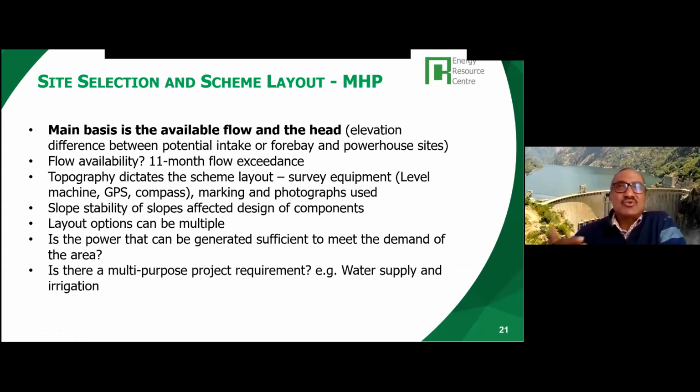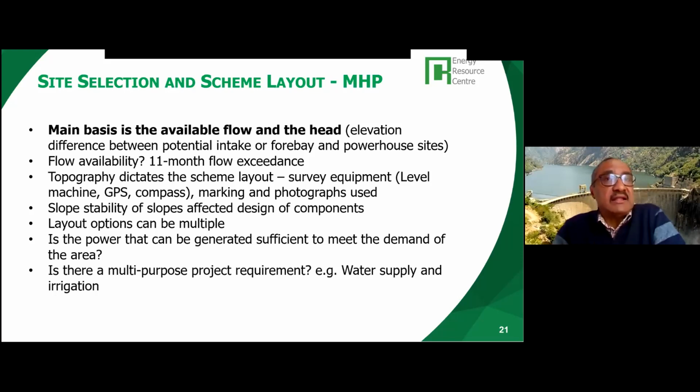Maybe in 1 month you can have some deficit in the flows, especially if it is a standalone isolated system. So at least 11 months of the time, the power generation should be equal to the installed capacity. That means that in 1 month you may not be able to generate at full capacity.